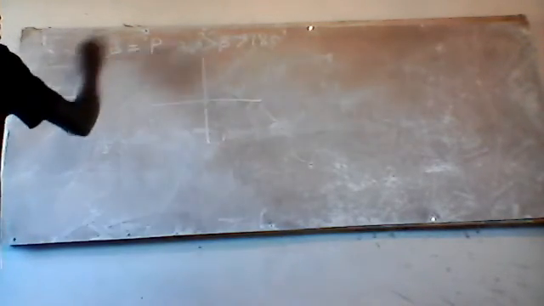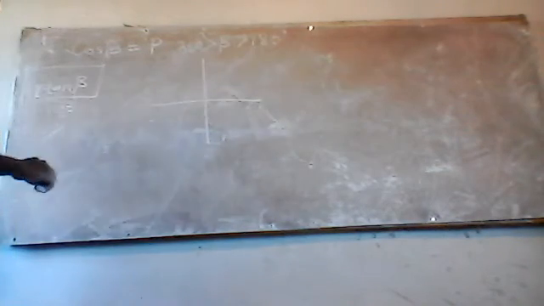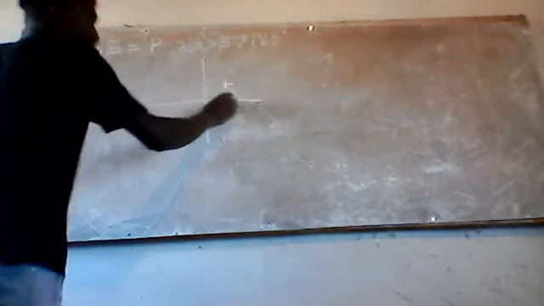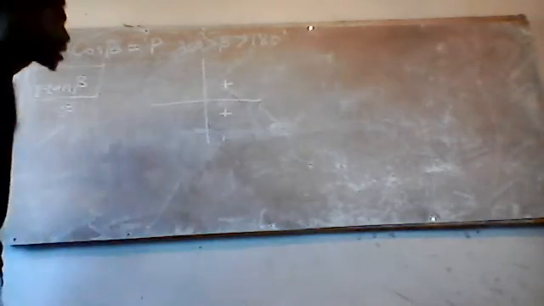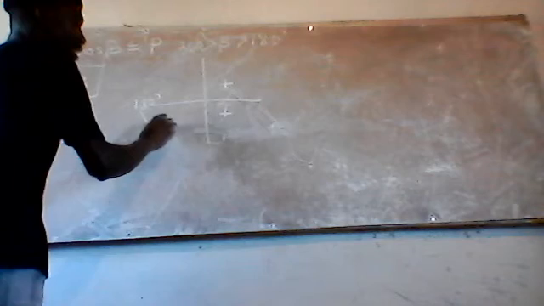So let's look at our cos of beta, which is equal to positive. The quadrants in which cos is positive are that quadrant and that quadrant. Coming to this, they're telling me now that my beta is greater than 180 degrees. Anything greater than 180 degrees is in that direction.